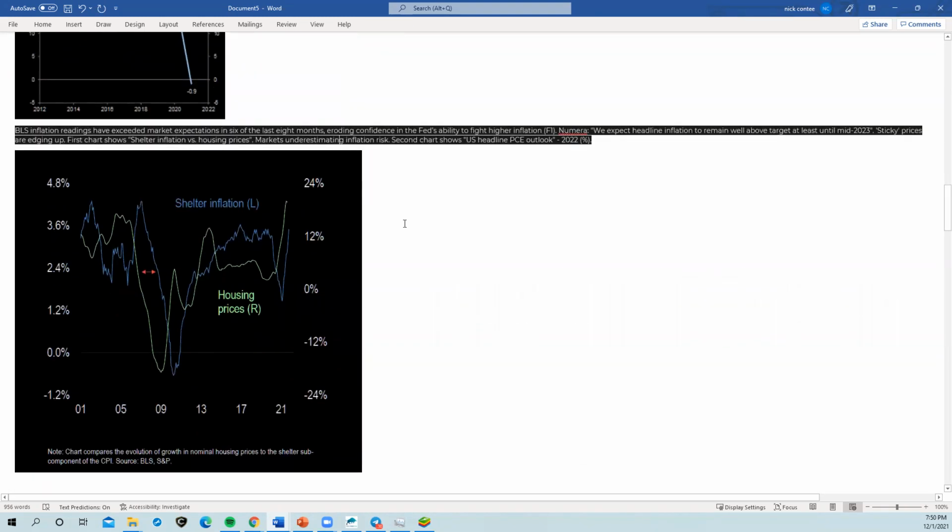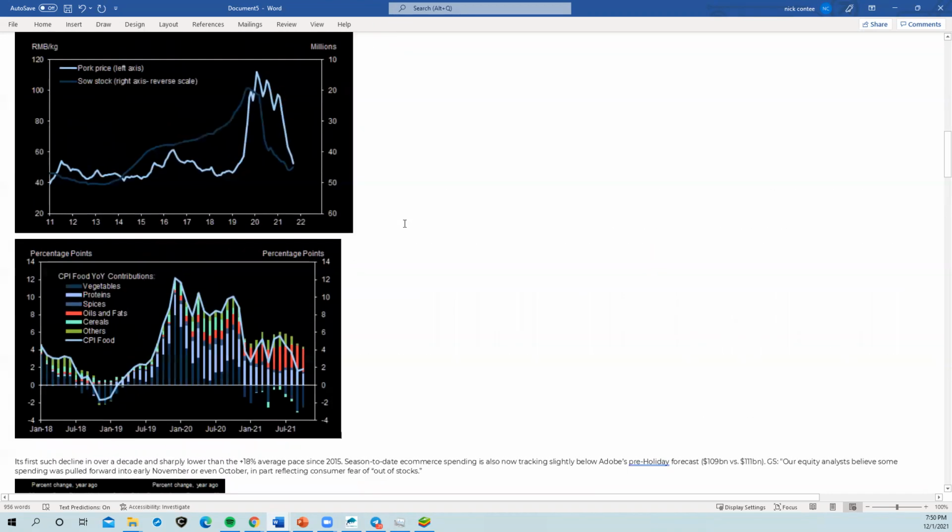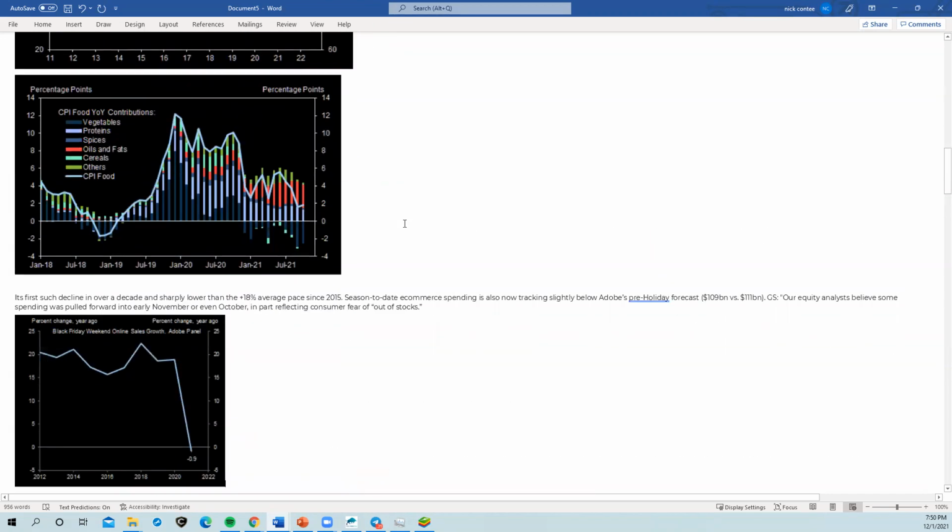This next one is kind of giving us an example of what consumers are thinking. We were speaking about the Michigan survey data, how consumers have been more worried about the economy. This is Black Friday. It's the first decline in over a decade. People haven't been spending money. 18% of spending, 18% growth since 2015.